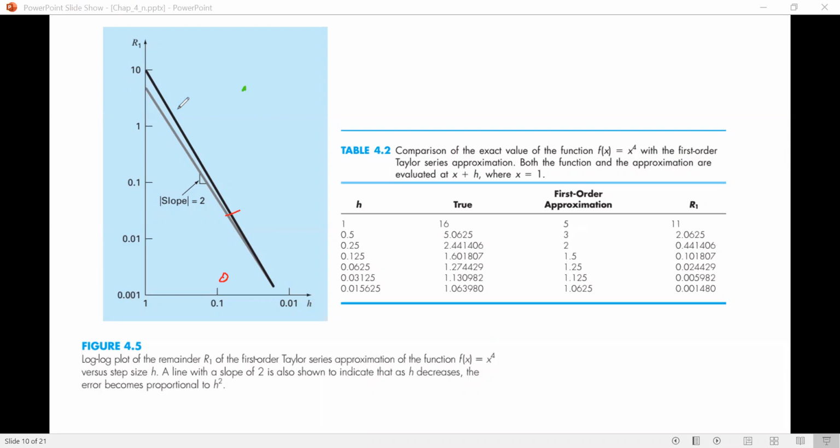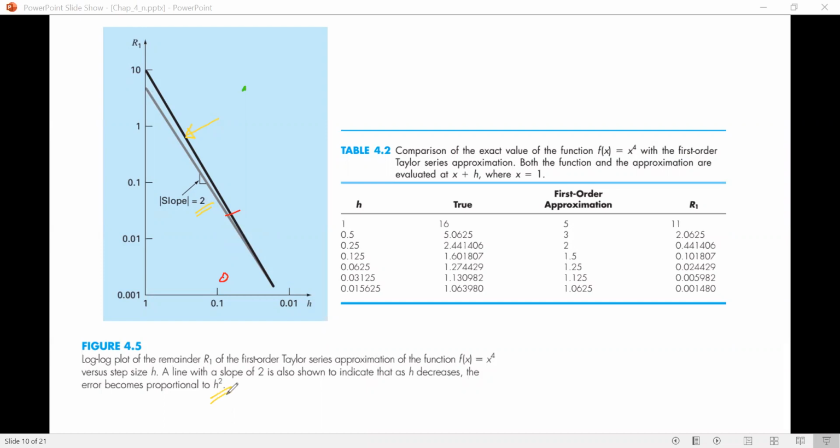If we plot it on log paper, then you will see that this is your actual plot. And if we approximate the plot with a slope equal to 2 in the logarithmic curve, then the gray straight line is that straight line. If the logarithmic slope is 2, then the actual thing is that your R is decreasing with h square. So if your R is decreasing with h square, what does it mean?